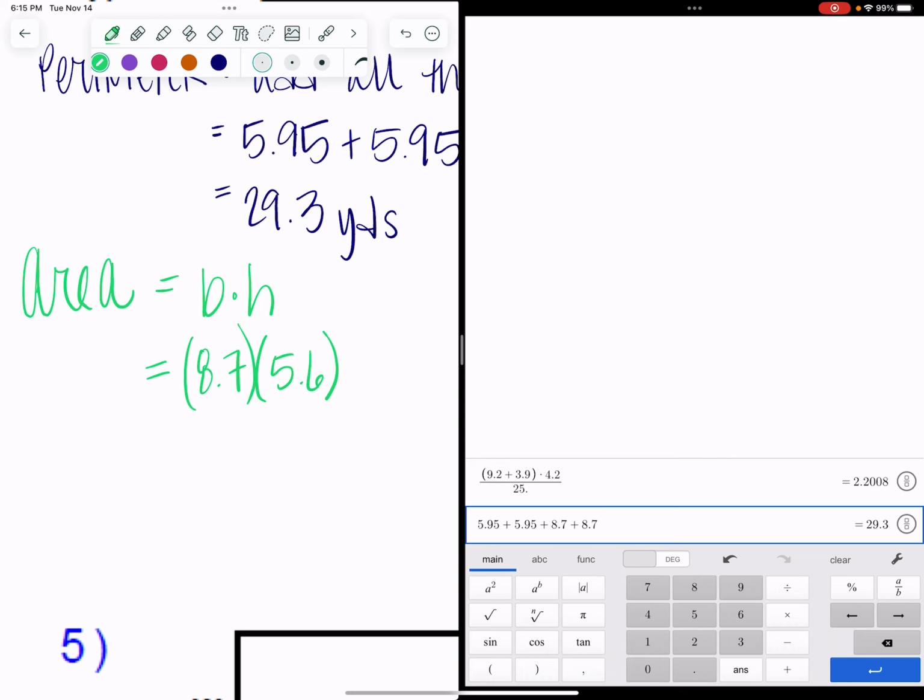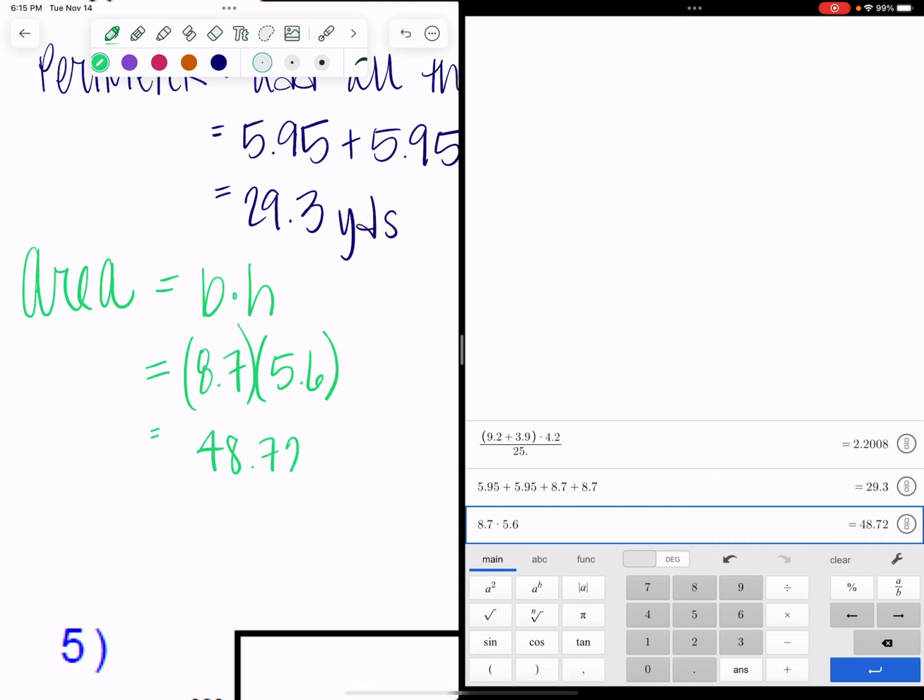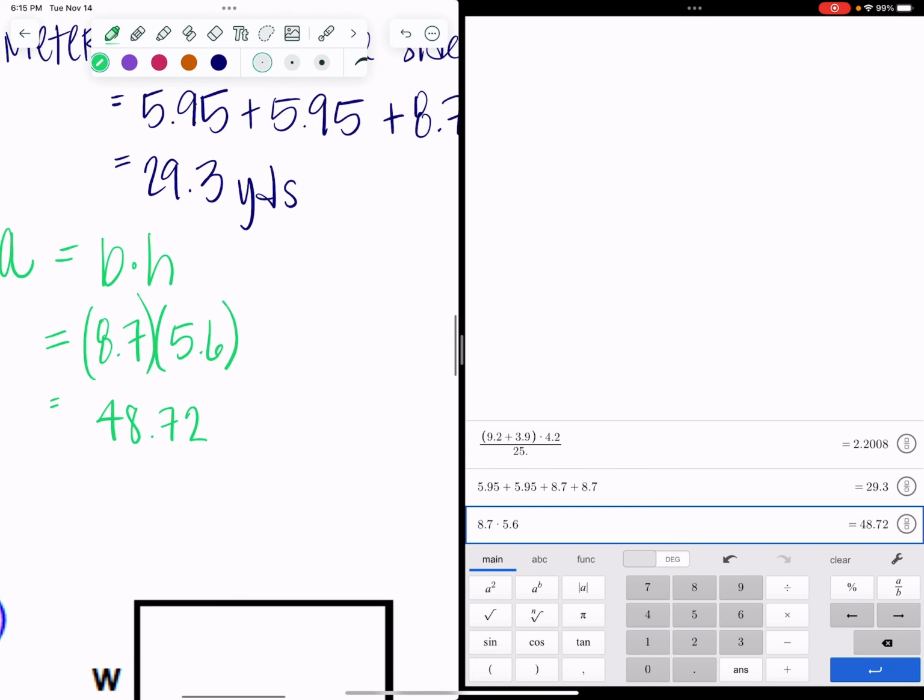So you go to Desmos, and you do 8.7 times 5.6. So I get 48.72. We're measuring in yards, so we get square yards.